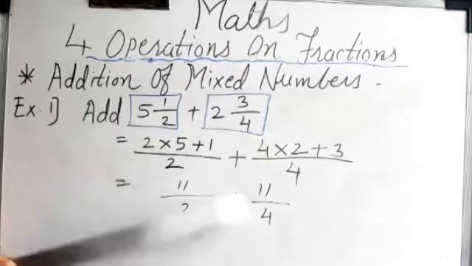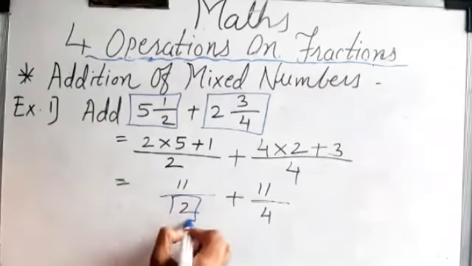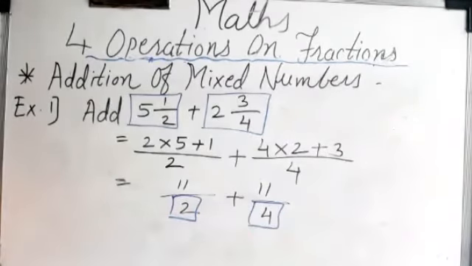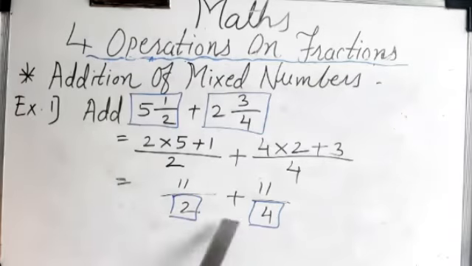And for 11 upon 4 the denominator is 4. Can I make the denominator 4 for both? Yes, because 4 is in the table of 2, or 4 is a multiple of 2.